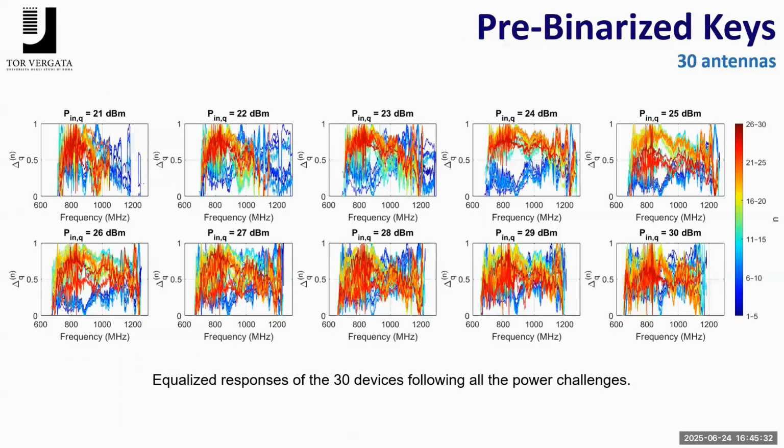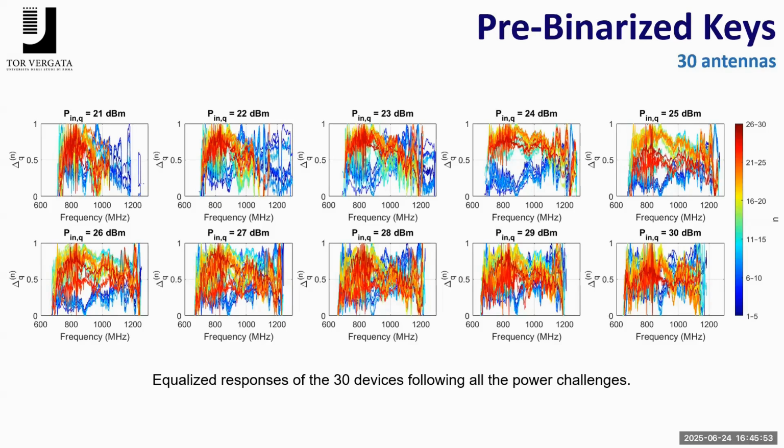Okay, let's consider the intrinsic variability. We have 30 antennas, and in every diagram we have the response of all the 30 antennas for different values of impinging power. After the training and equalization, you can see that the differences are really visible.